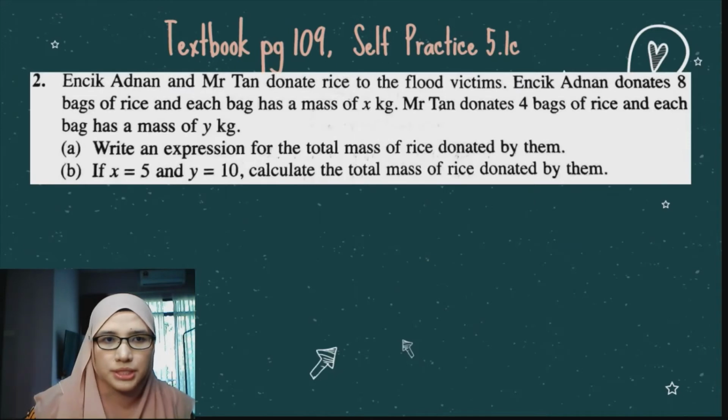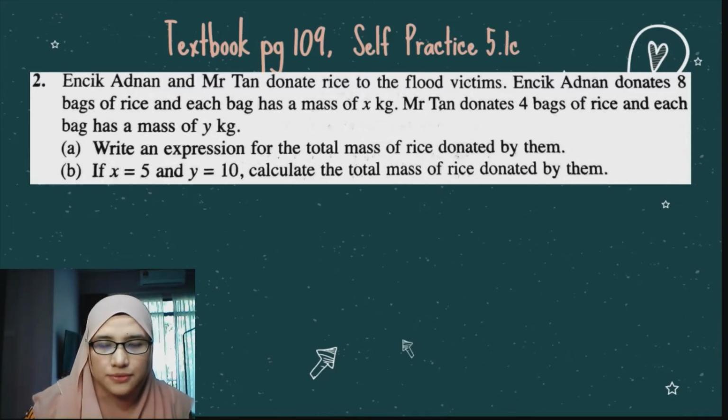So next question. This is a situation problem. Question number 2. Encik Adnan and Mr. Tan donate rice to the flood victims. Encik Adnan donates 8 bags of rice and each bag has a mass of X kilogram.